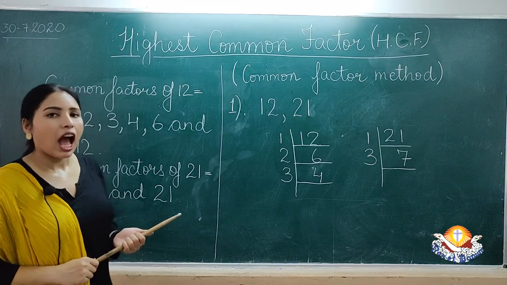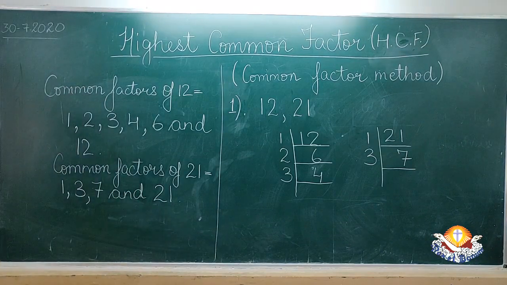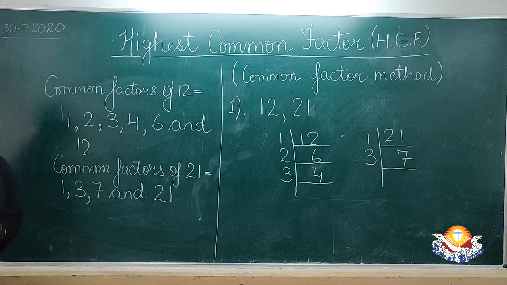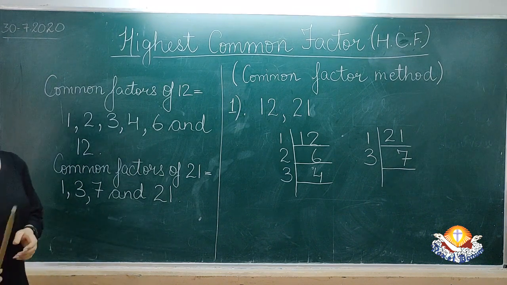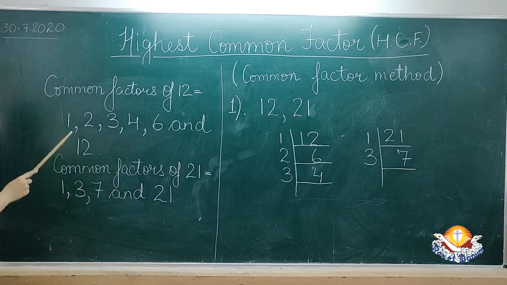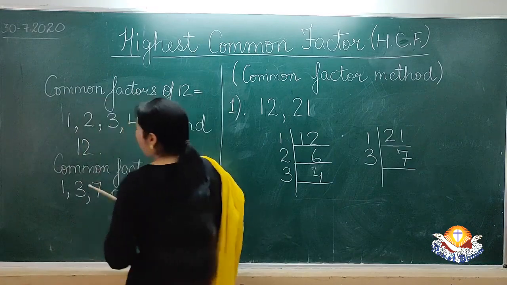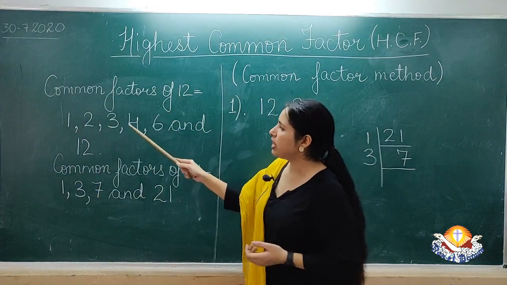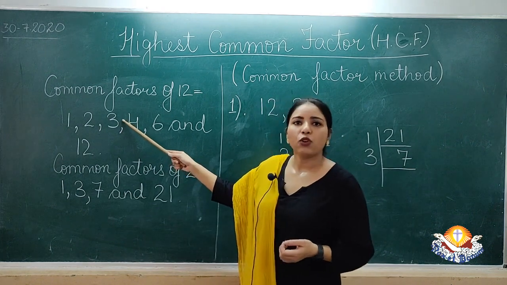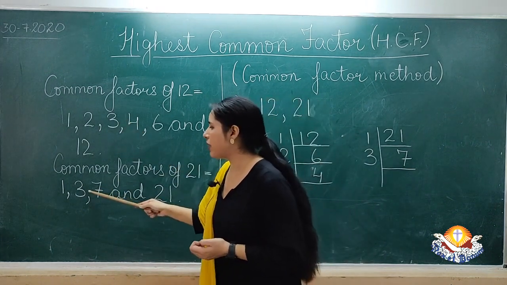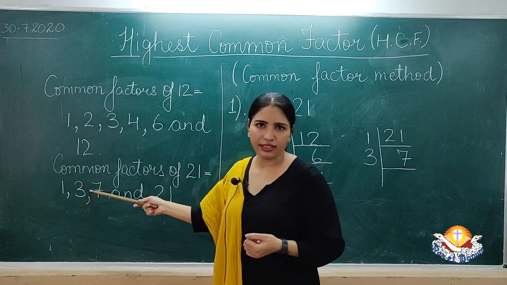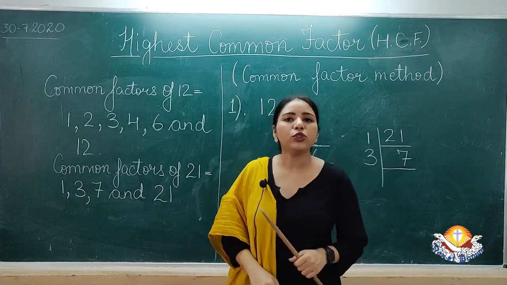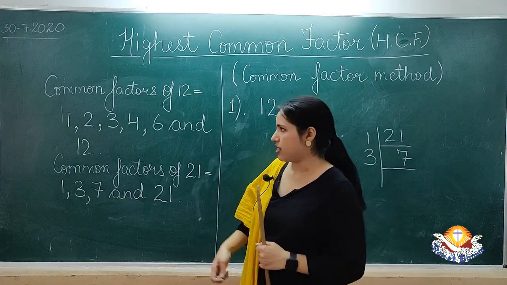So now children, that we have the factors of both these numbers, the next step is to encircle the common factors among these. As you can see, there are just two numbers which are common. You can see that 1 is over here and 1 is present over here as well. Again, the number 3 is present over here and it is present over here among the factors of 21. So we are going to encircle these factors.